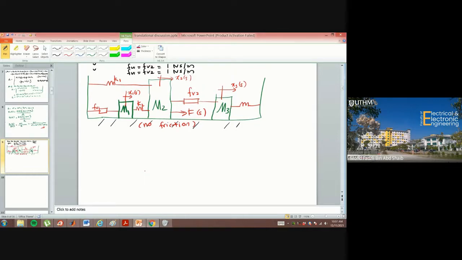Now we try to draw all forces of M1. Forces of M1, force of M1 due to the motion of M1 only.